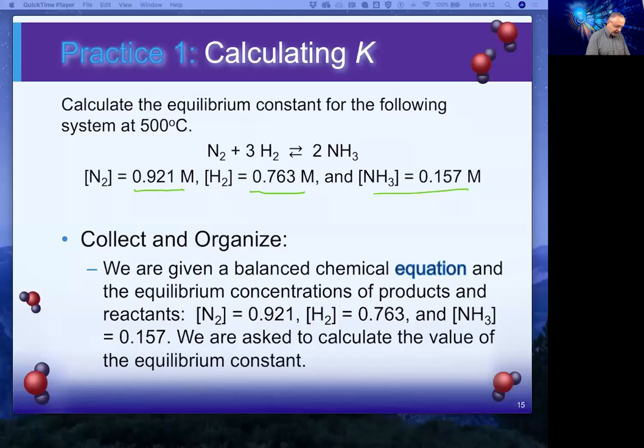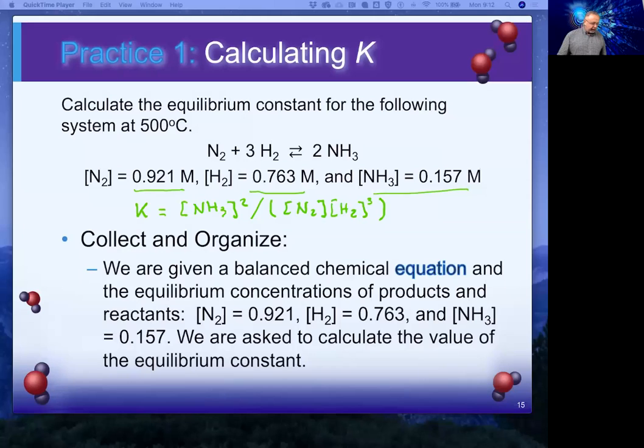And the law of mass action for this reaction is K equal to the concentration of NH3 squared, divided by the product of the concentration of N2 to the power of 1 and the concentration of hydrogen, H2, cubed. So notice what I have done here.